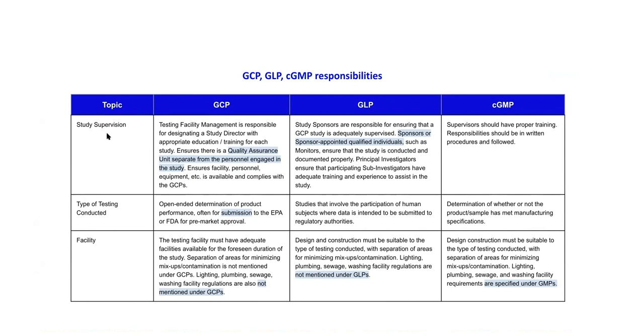The first one should be: who is responsible for the study supervision? Well, we are lucky on this topic: CDMOs, CMOs, and CROs are never the final responsible for the final outcome that they are producing. The final responsible is always the sponsor.